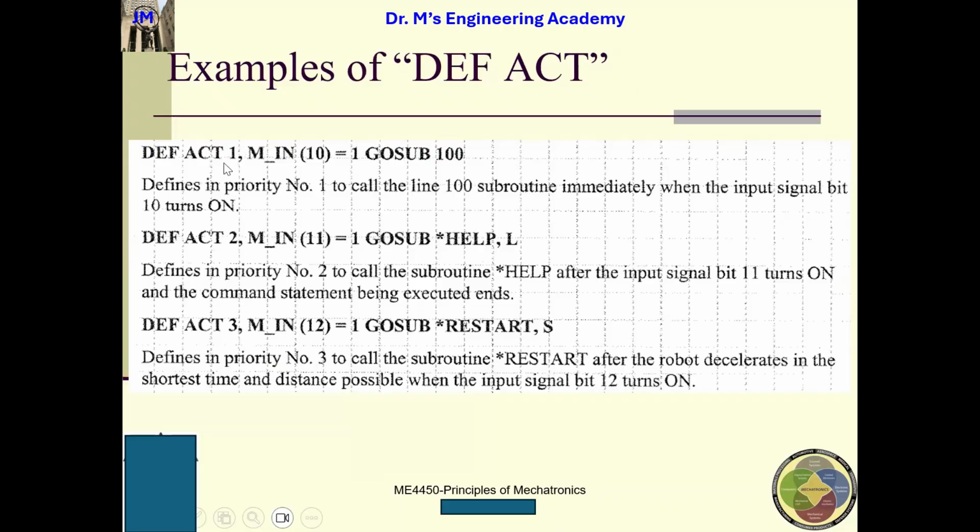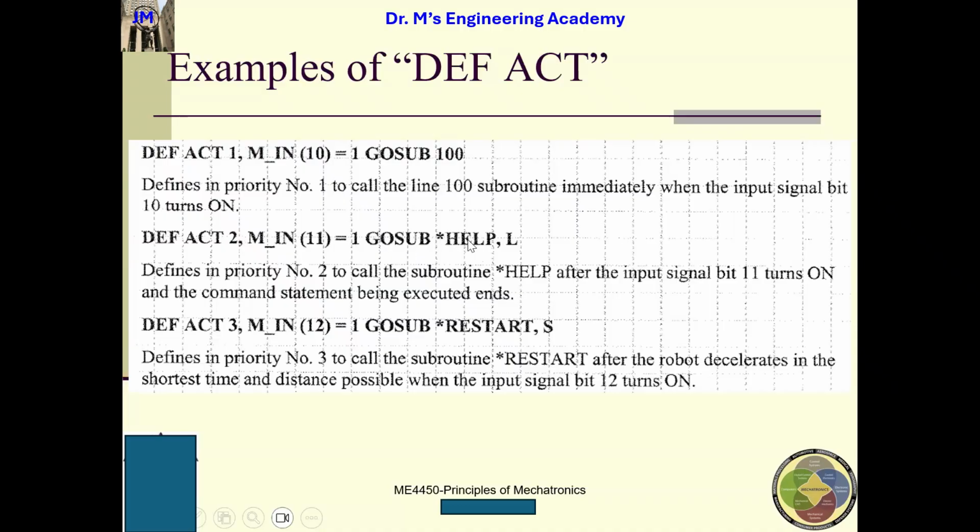It means that if the input at bit 10 equals 1, if this happens, the system needs to stop the currently running process and handle something else. To handle what? You need to go to sub 100. The second one, I define ACT2 for bit 11. If this equals 1, I need to go to sub help.